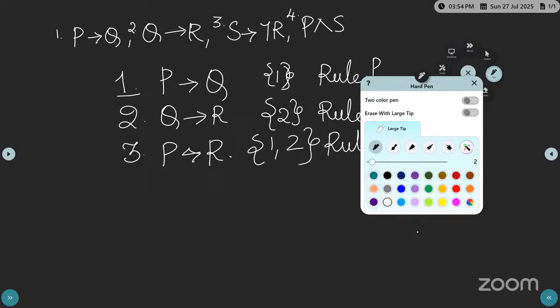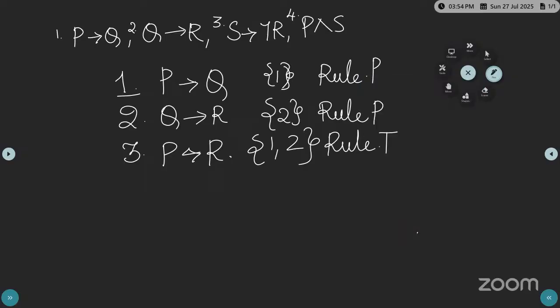Next, see here. I am introducing the next variable. S implies negation R. So what is happening here? What is the implicate that is brought here? Predicate. Here you write number 3, don't write 4. Clear? I am taking variable 3.